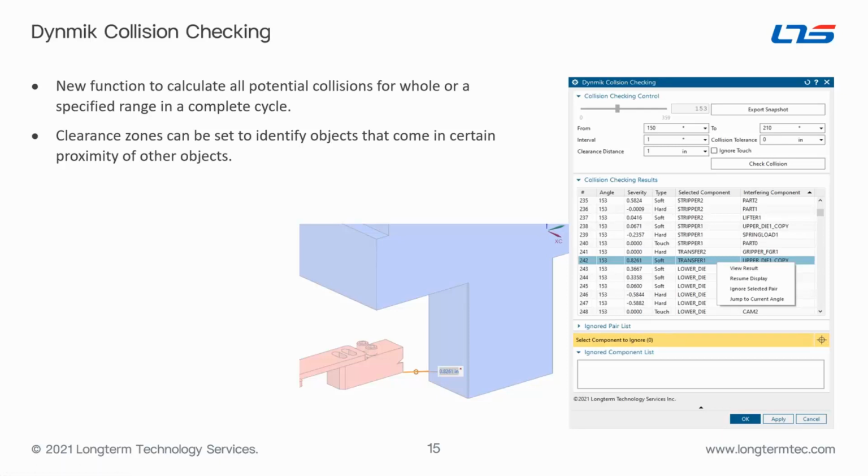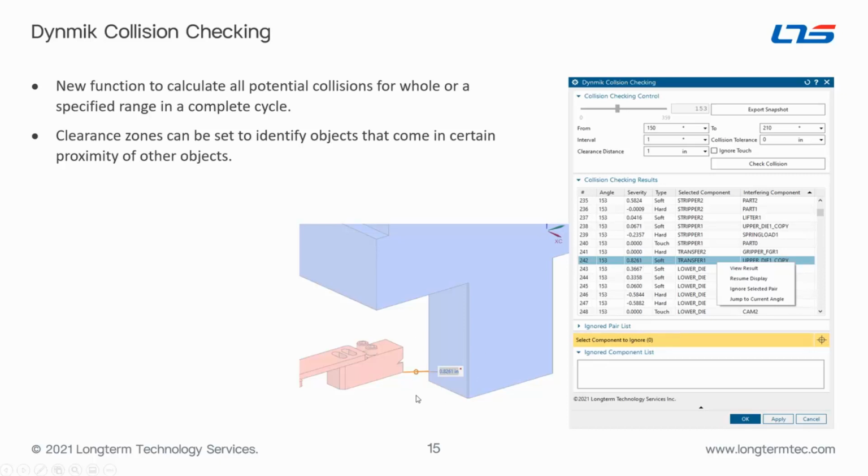Then you have touching, where they are touching but not literally colliding or interfering, or a gap. It's kind of a 0-0. And then you have the soft, which is beyond your touching range, but in the range that you have specified. So 1 inch and less than 1 inch, or above the clearance tolerance that you have specified, right? So that's what is being represented here.